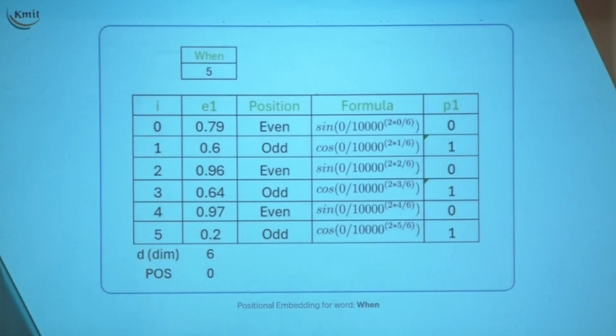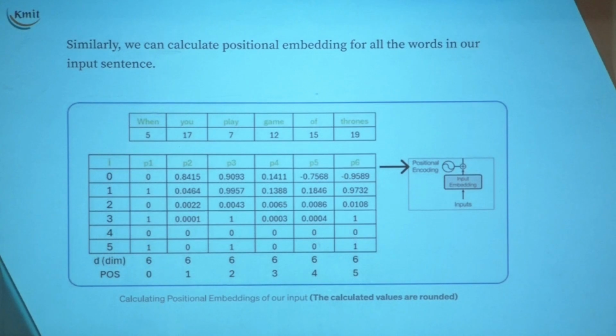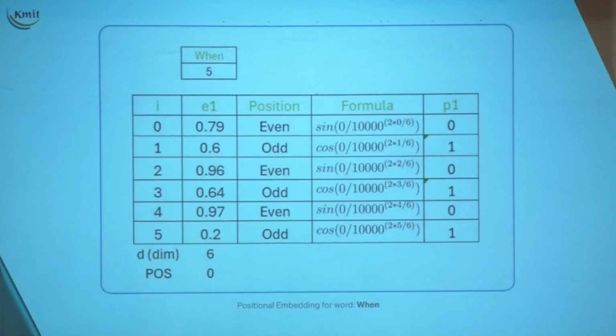What is the d dimension? 6 dimensional vector size that I have taken. What is the position here? 0, because this is for the first word. Are you observing? Look at this. How many words do I have? 1, 2, 3, 4, 5, 6. When you play Game of Thrones. First, I will take only one word, which is "When".